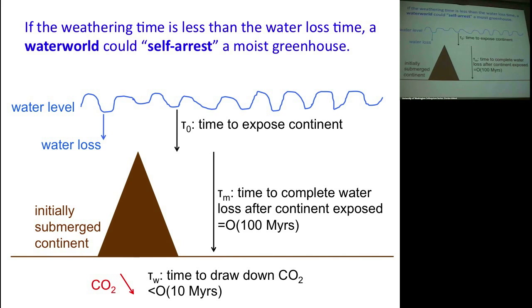And then you can engage these land weathering feedbacks that are a strong function of temperature and are going to be extremely rapid if you're in a moist greenhouse state. Is it possible that you could decrease the CO2 fast enough to arrest this water loss while you still have a partially exposed land and some amount of ocean?